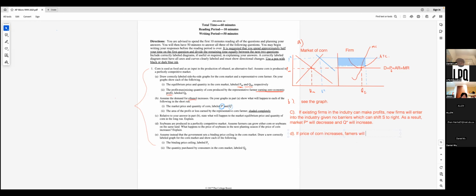Farmers will produce more corn based on the law of supply. Is that right? If the price of corn increases, the farmers will produce more corn based on the law of supply.